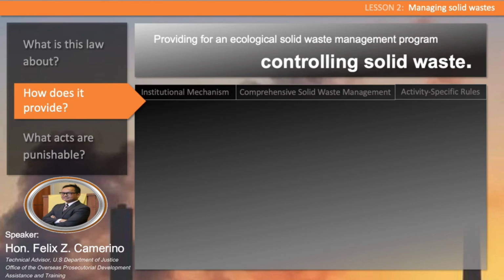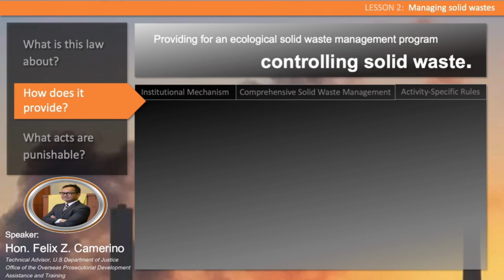All right, so the first thing that we see in this program is a section that focuses on the institutional mechanism, and then there's also a focus on the comprehensive solid waste management plan or program itself.